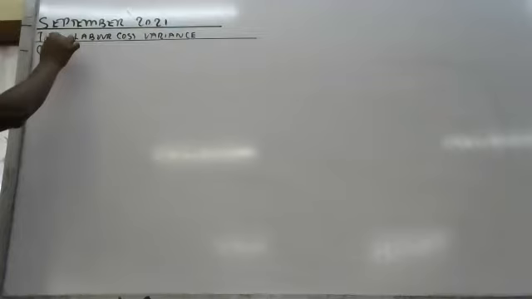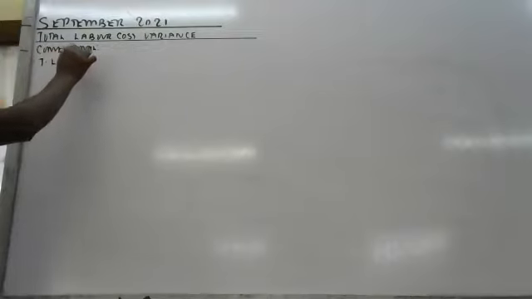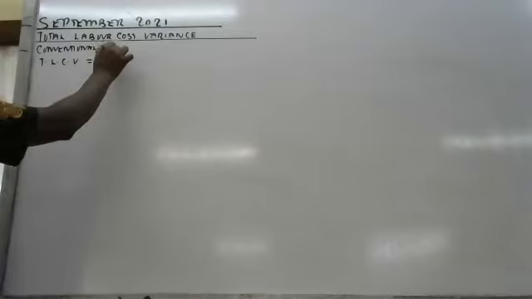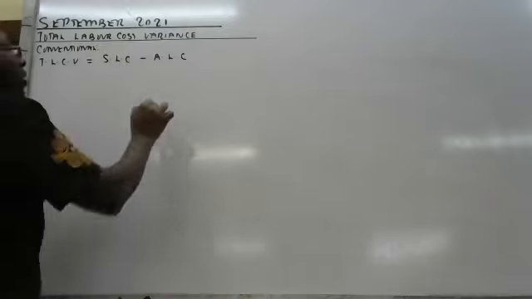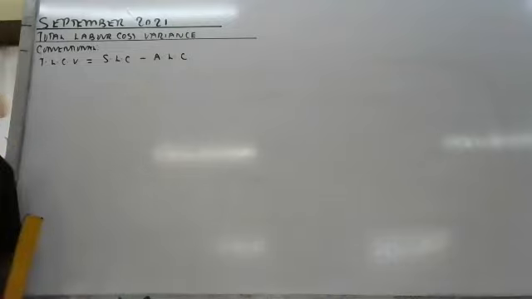So I told you that we have the convention. According to the convention, total labor cost variance is given as standard labor costs minus actual labor costs.